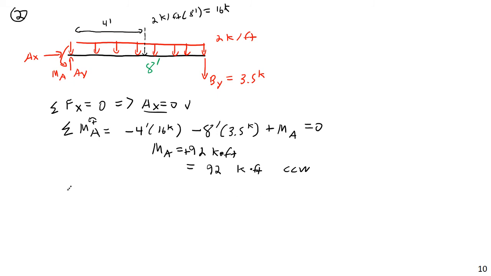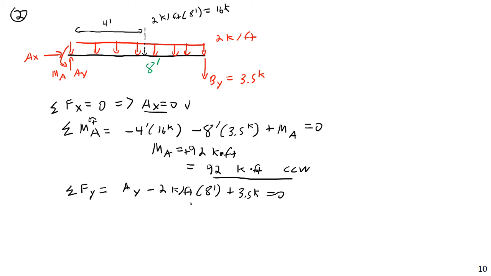And then finally I can do a summation of forces in the vertical direction. I'll have AY, my vertical reaction at A, minus the total force caused by that 2 kips per foot distributed load, 2 kips per foot times a length of 8 feet, plus 3.5 kips, and all of this is equal to 0.